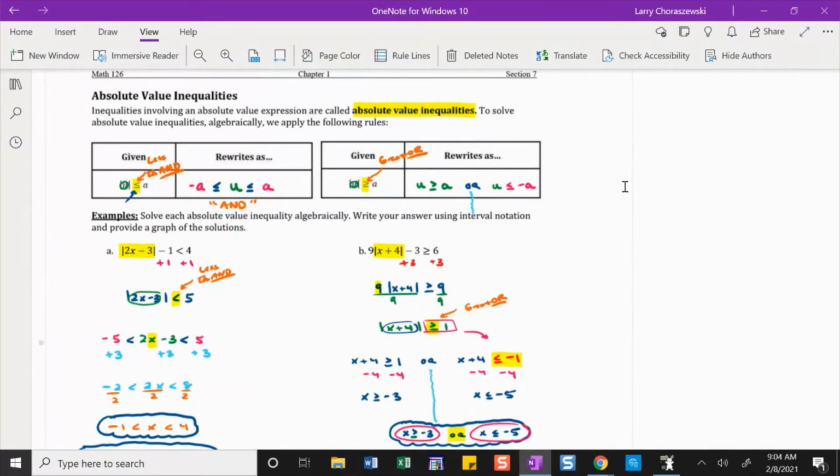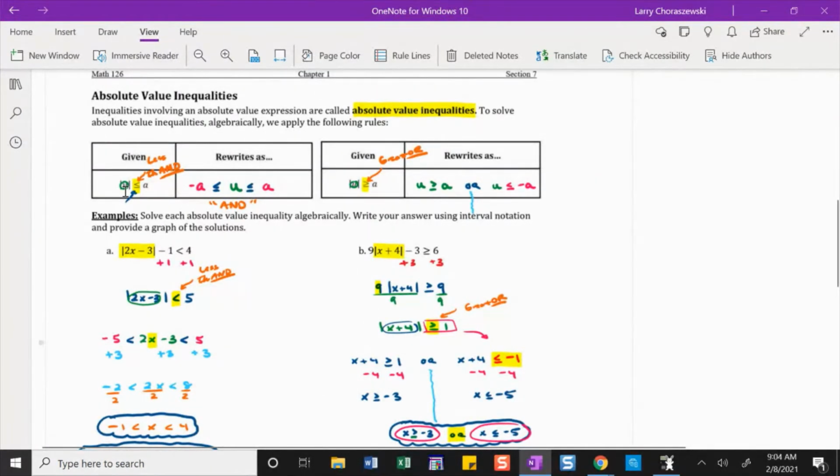And I presented a couple of rules that you could use which will help you eliminate the absolute value symbol, which is key. It allows us to solve for x, which is typically on the inside of the symbols. And there are some prep steps that you might need to take before you apply the rules. For instance, you do need the absolute value isolated on one side of the inequality.